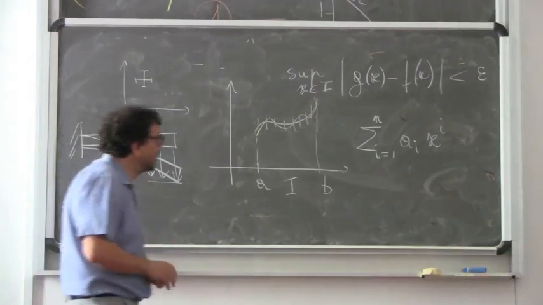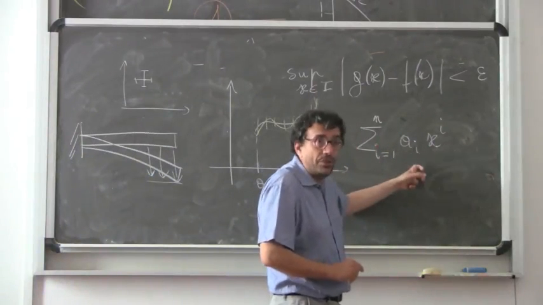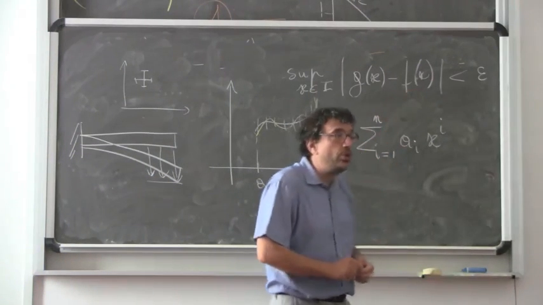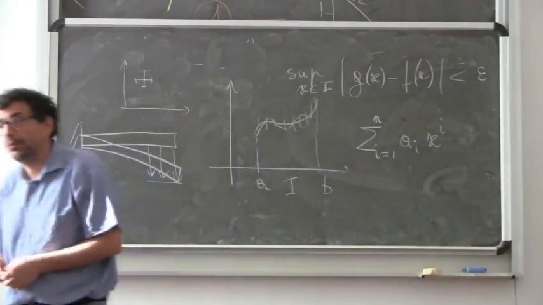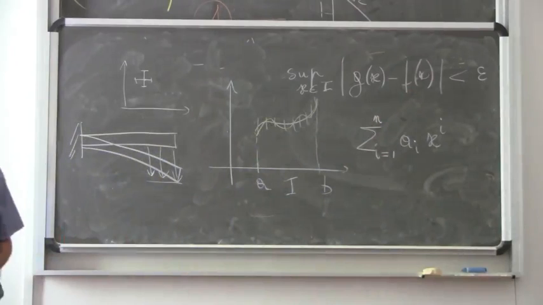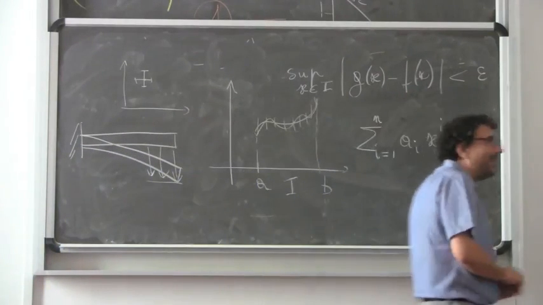There are many polynomials. There exists at least one polynomial which is epsilon-close to your continuous function.